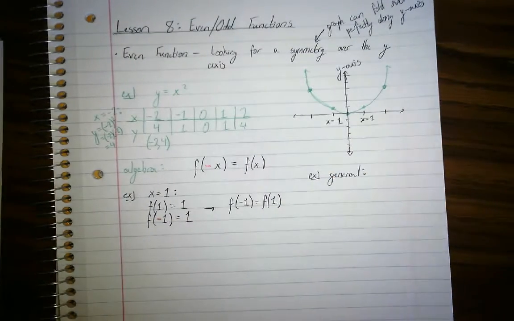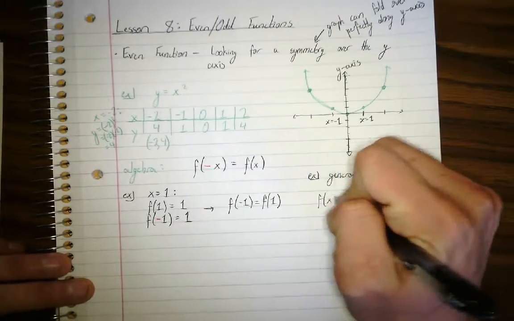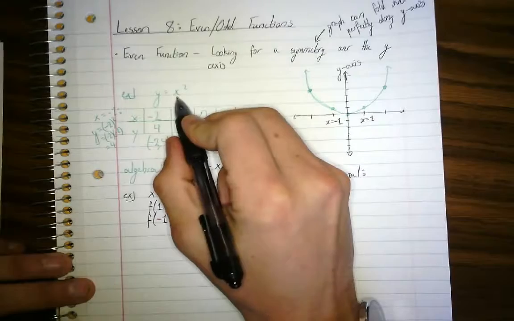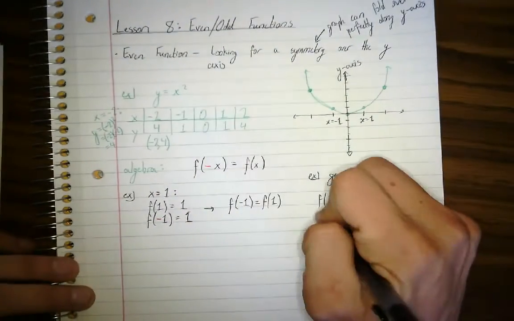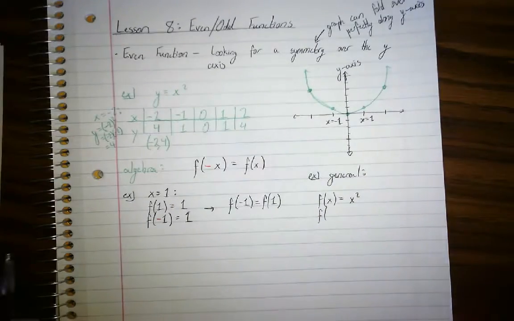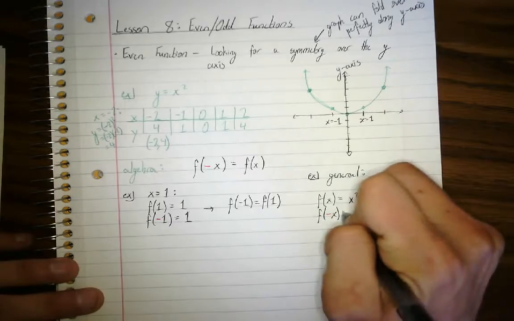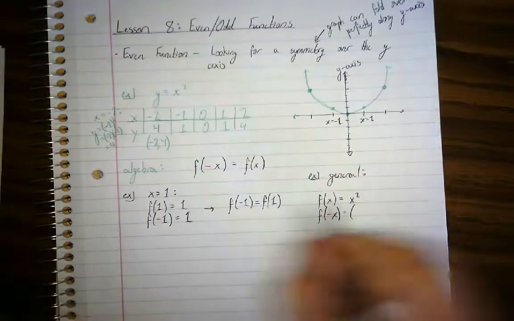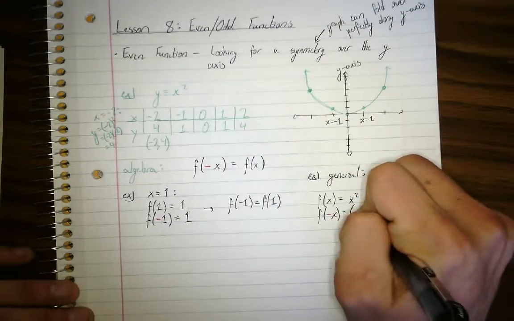We're going to leave it as x, so f of x is equal to x squared, our function, but our negative x, we're just replacing what our value was with the negative of it. It's just saying any number I wanted to put in, I'm going to check out the negative version of it.